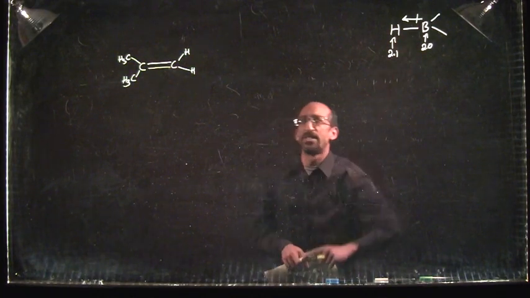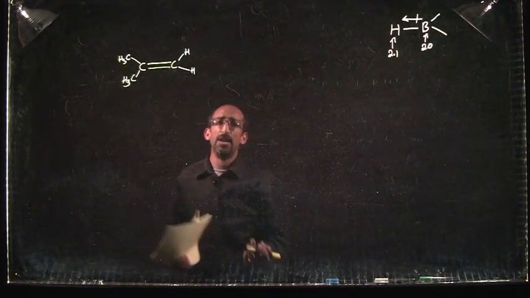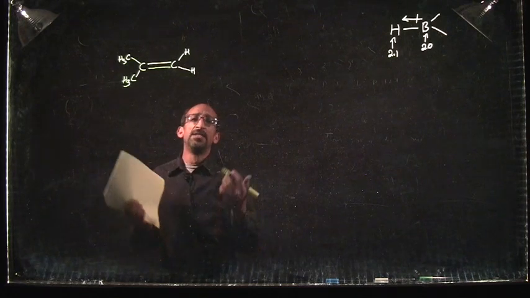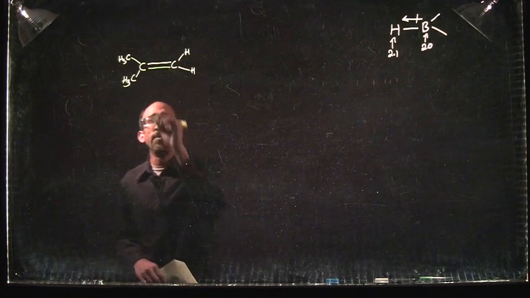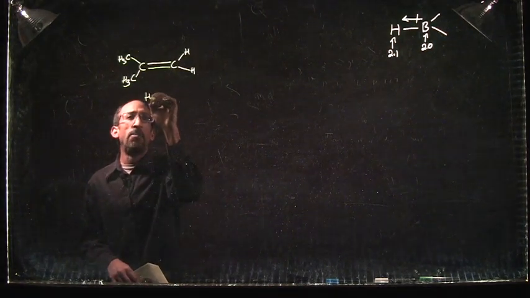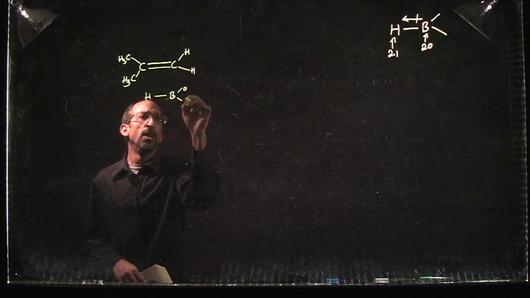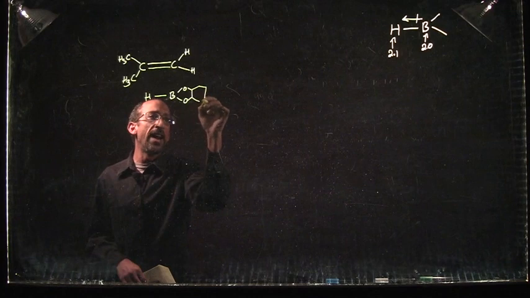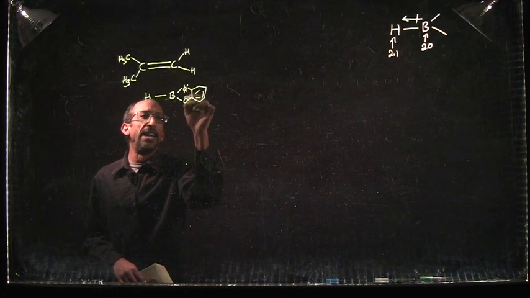So we'll just keep that off to the side, right? And we remember that Markovnikov's rule tells us that the electrophile adds to the alkene such that the most stable carbocation will form. Well, when we add a borane across an alkene, we don't actually ever generate a carbocation, but that rule still applies.